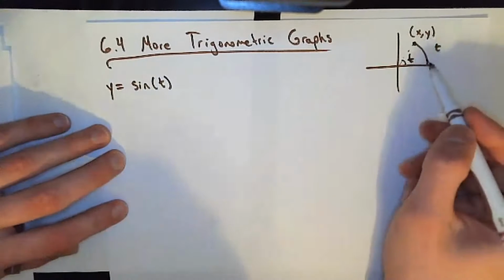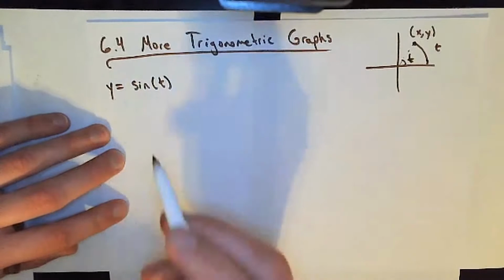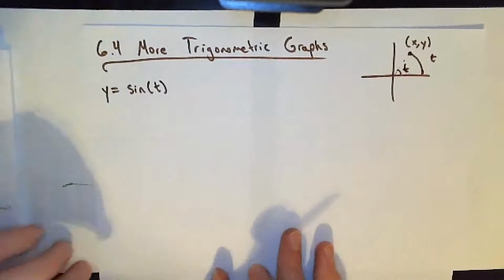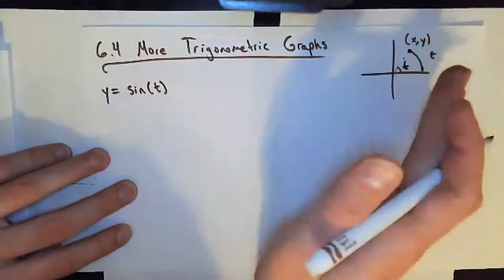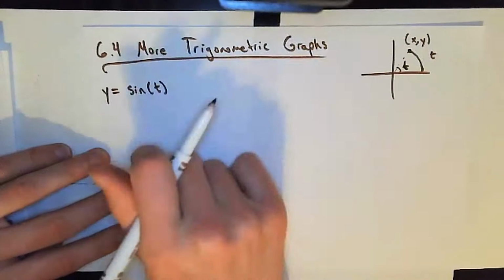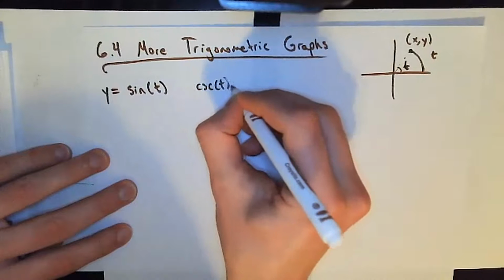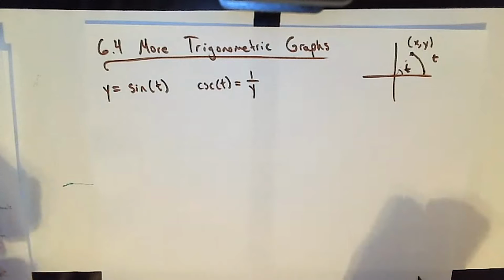The sine function of this angle t literally outputs that y value. That's what the sine function does, right? Okay, what does the cosecant function do? Spits out 1 over y. It's the reciprocal. So cosecant of t is equal to 1 over y.